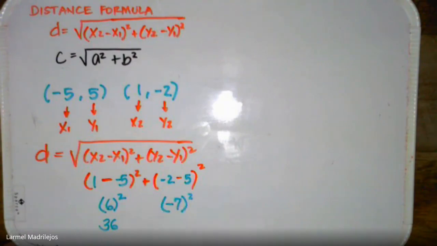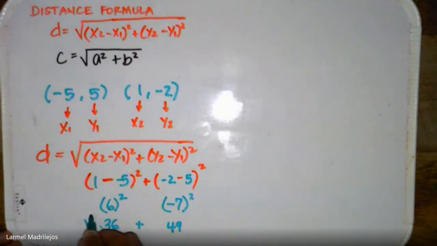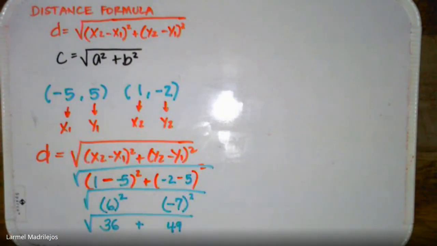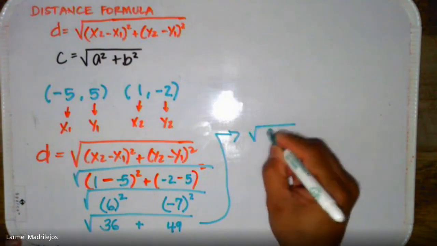We square it; negative times negative is positive. 7 times 7 is 49. So we use the formula here. Now if we add 36 and 49, we're going to end up with 85.